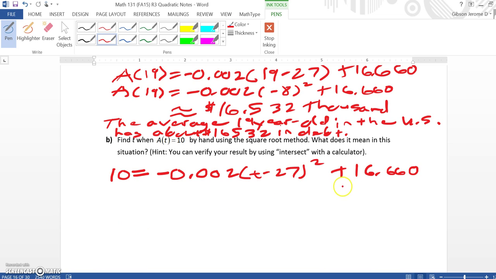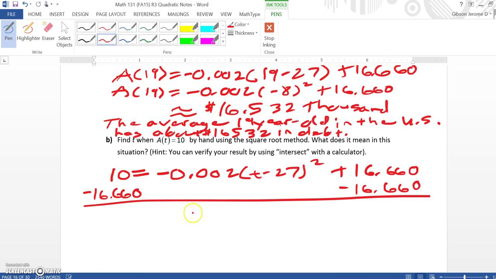Now we want to solve this by hand. So what we would do is this here. We would subtract 16.660 from both sides. And this would give us a negative 6.660 is equal to a negative 0.002 times T minus 27 squared.